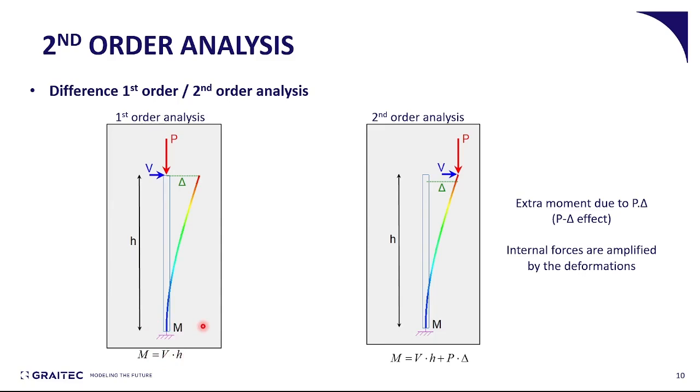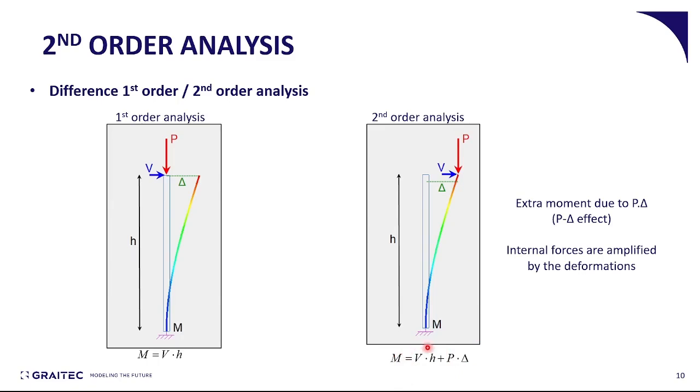Assuming a second order analysis, which means the deformations are not relatively small now, the so-called large deformations assumption, the bending moment at the same structural element at the fixed end now equals V times H plus P times delta. The bending moment at the fixed end is increased due to the effect of the vertical load on the bending moment.